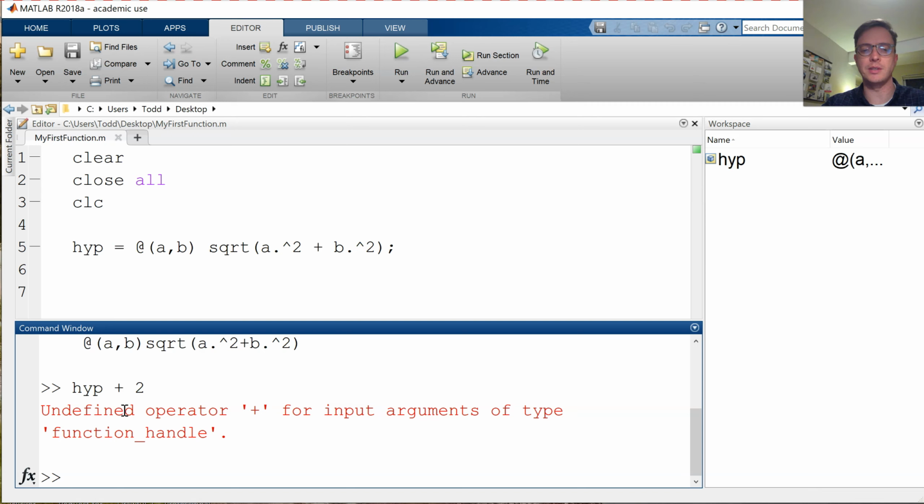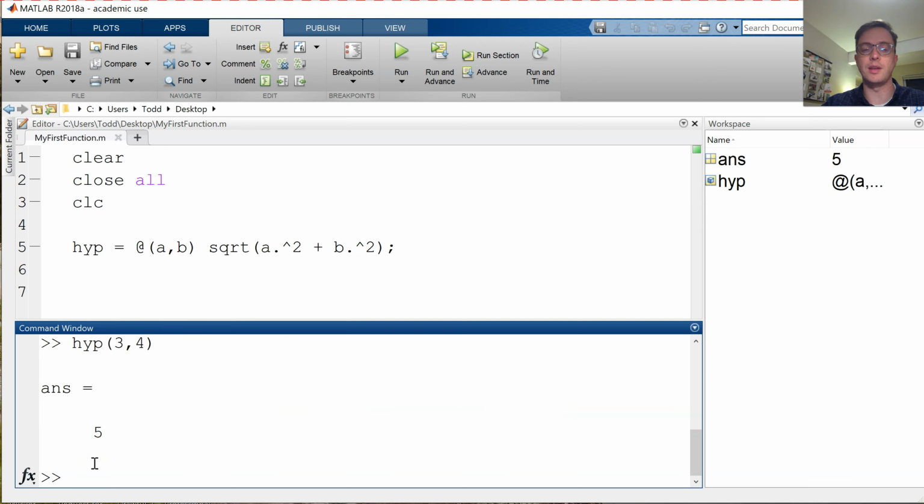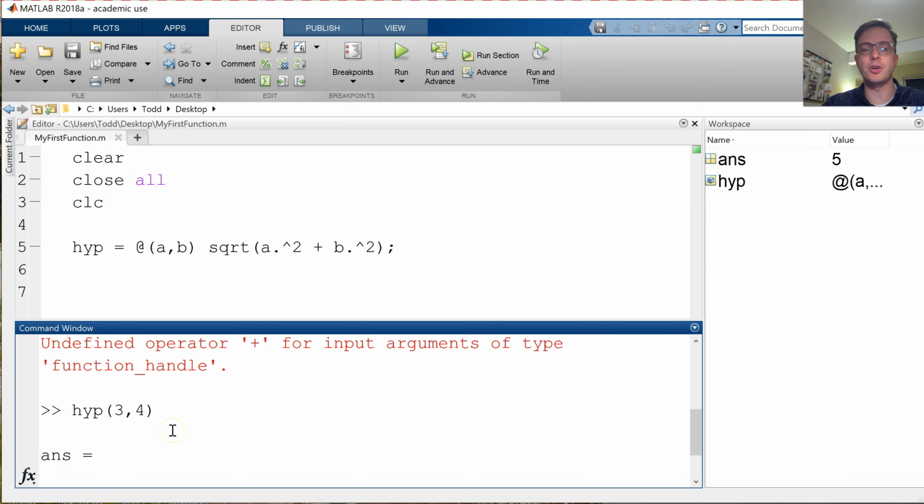That doesn't make any sense because it doesn't know how to do that on the name of a function. But I can call hyp of 3 and 4, and then I get 5 out of it. So just be clear, if you see function handle showing up somewhere in an error message, it means you probably forgot that that was just the name of the function, not anything you can do any mathematical operations with.